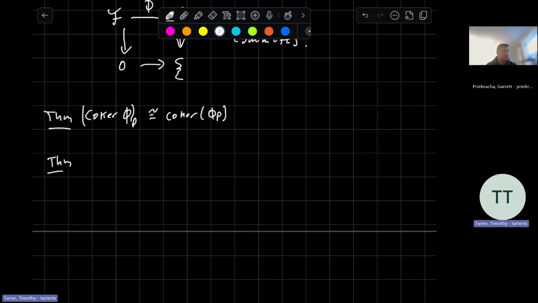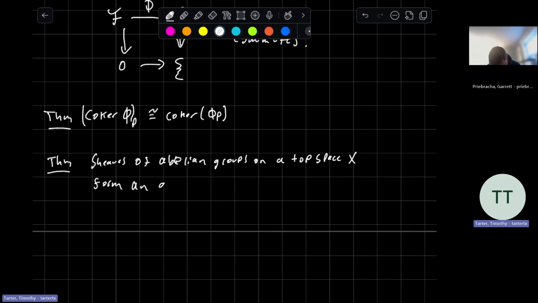And then as a theorem, sheaves of abelian groups on a topological space X form an abelian category.